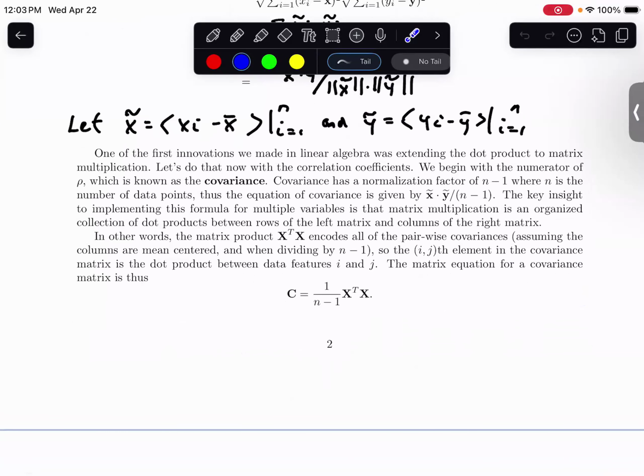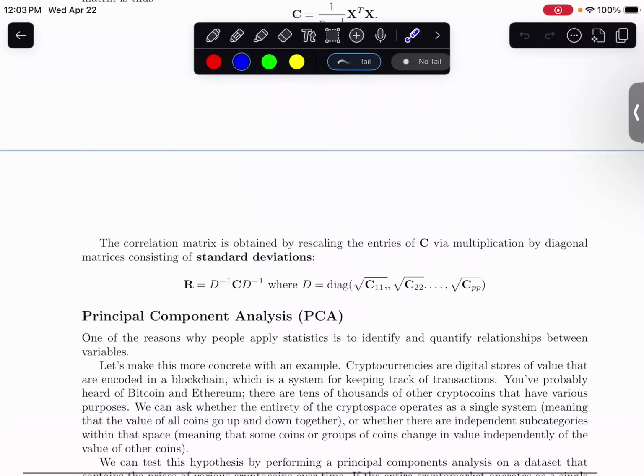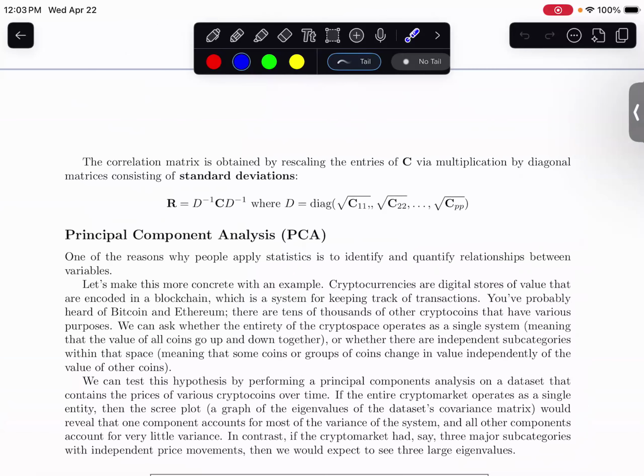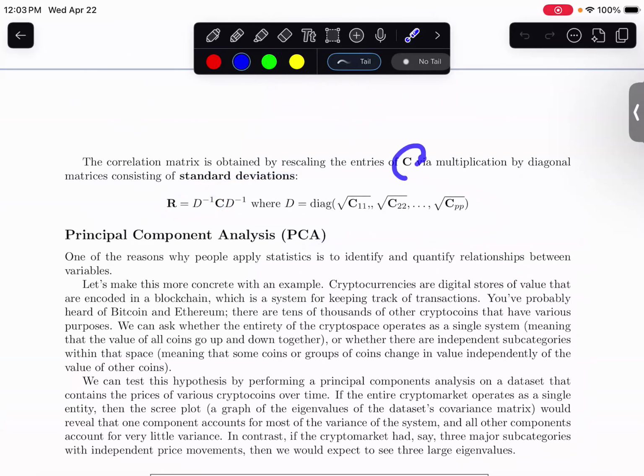Maybe divided by some things, but at the end of the day, you get this for your covariance matrix. We also have correlation matrices, but that is just taking the covariance matrix and normalizing it so that all the values are between -1 and 1. It gives you the same information, but it's more convenient to read things off that way. But we're just going to focus on C, the covariance matrix.